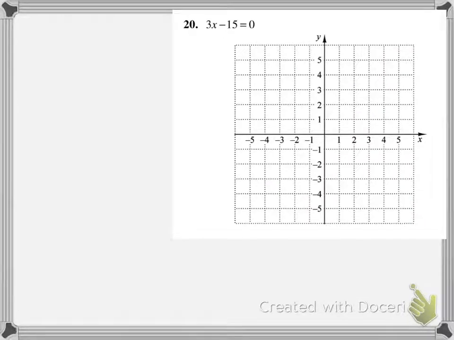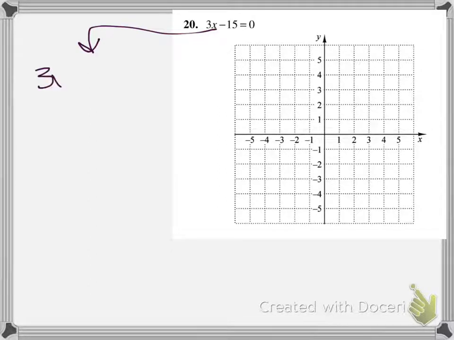So now this one's kind of a trick question, because at first you think it might be a slanted line, but if you look at the equation closer, you'll notice there's only one variable, which means it's either vertical or horizontal. So the question is, how do you graph it? Well, what you're going to want to do is isolate that variable, solve for that variable.